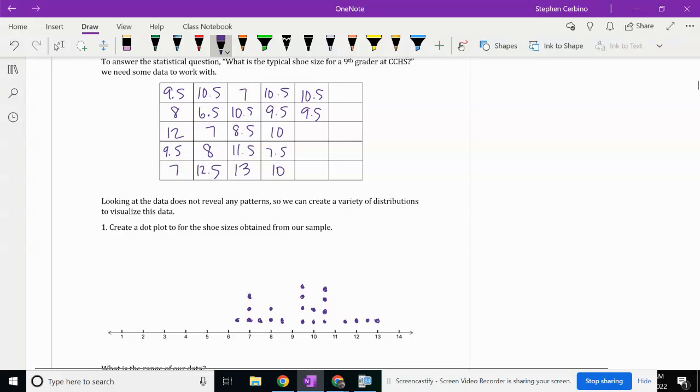And that should represent all of our shoe sizes in the class.